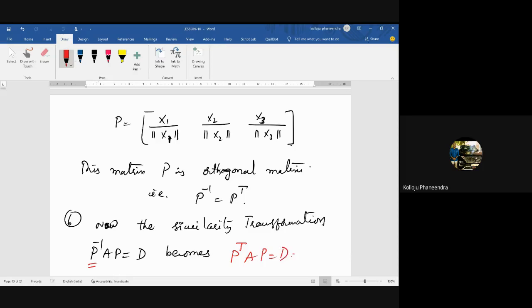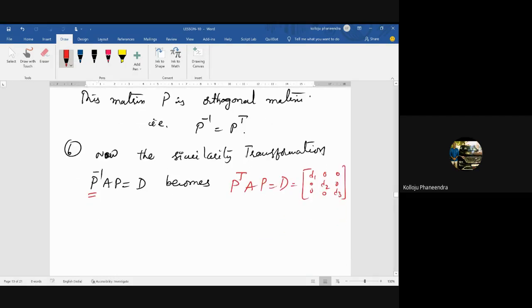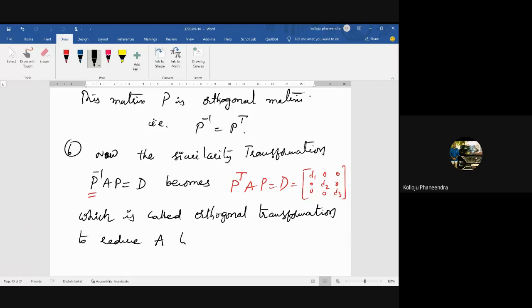P transpose AP equal to D, where D is the diagonal matrix with lambda 1, lambda 2, lambda 3. The similarity transformation then becomes what is called an orthogonal transformation, to reduce A to D.